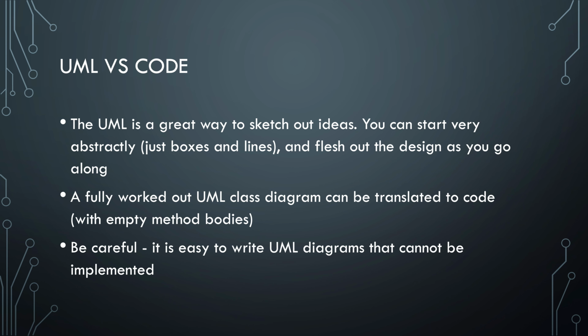UML is a great way to start sketching out ideas. Initially, just use boxes and lines and flesh out the design as you go along. Once you have a UML class diagram, you can easily translate that into code. But be careful, because you can create UML diagrams that are not possible in code.